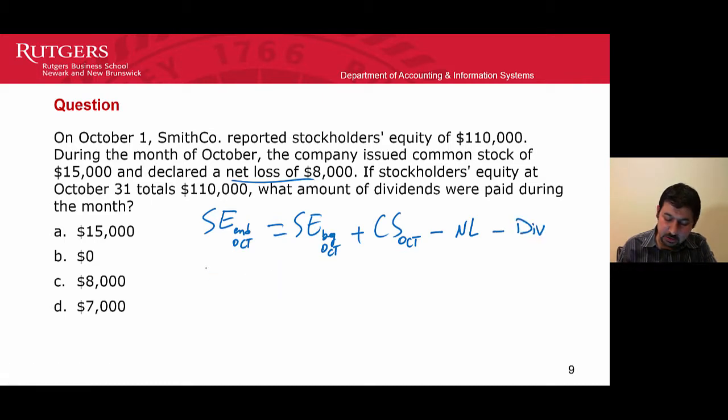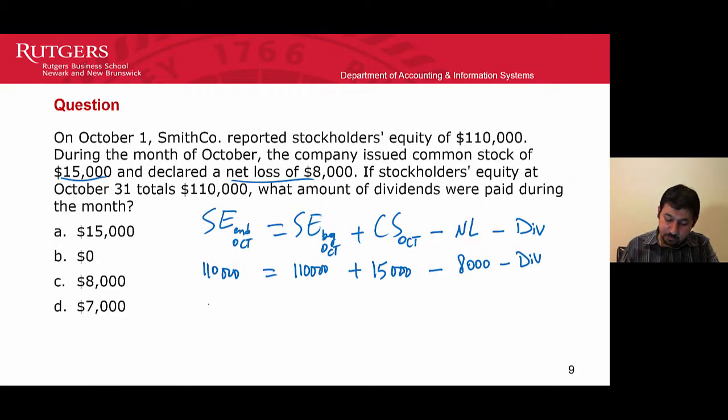Let's plug in the numbers. We have 100,000 is equal to 110,000 plus 15,000 of common stock minus net loss of 8,000 minus dividend.